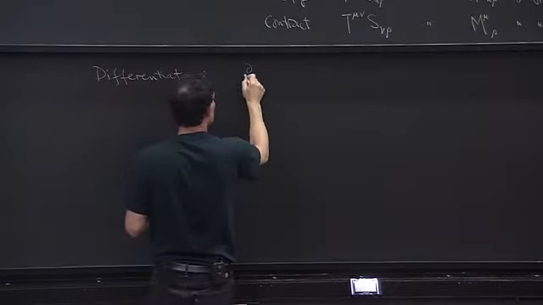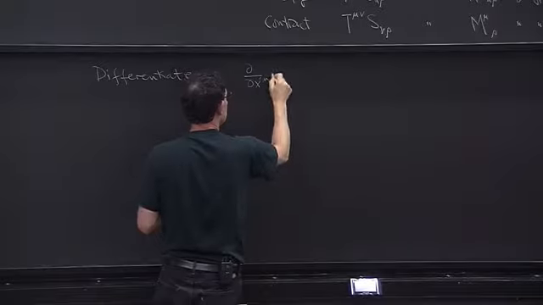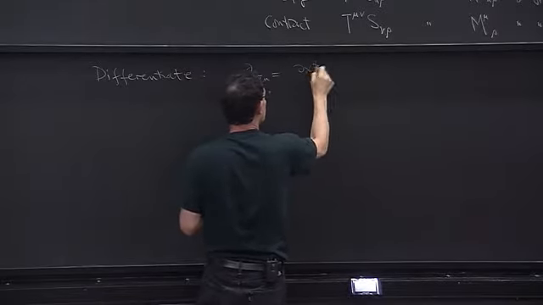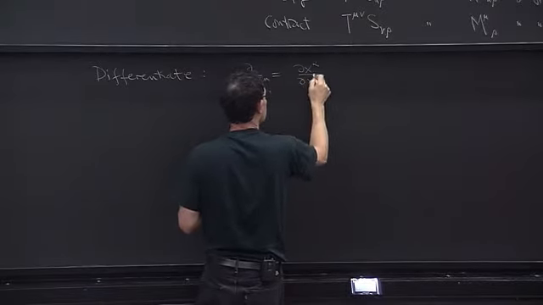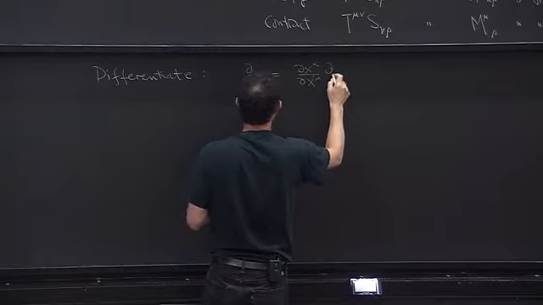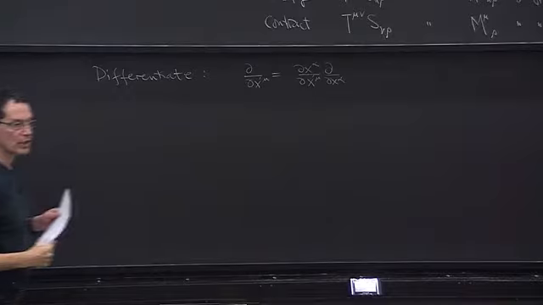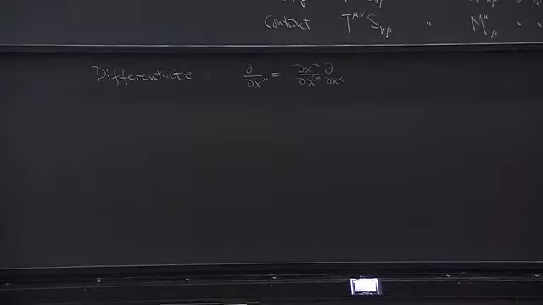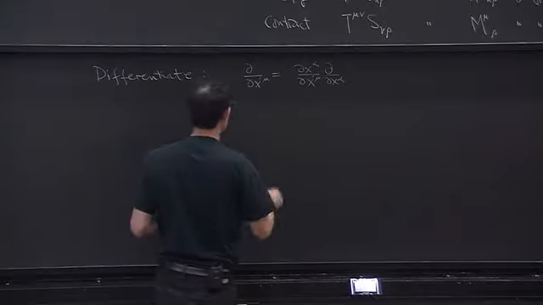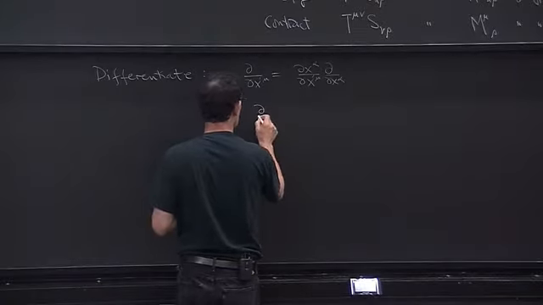Because we know that d by dx prime mu is dx alpha dx prime mu d by dx alpha. Okay, partial derivatives transform as a tensor of type 0, 1. So you might be tempted to write down this.